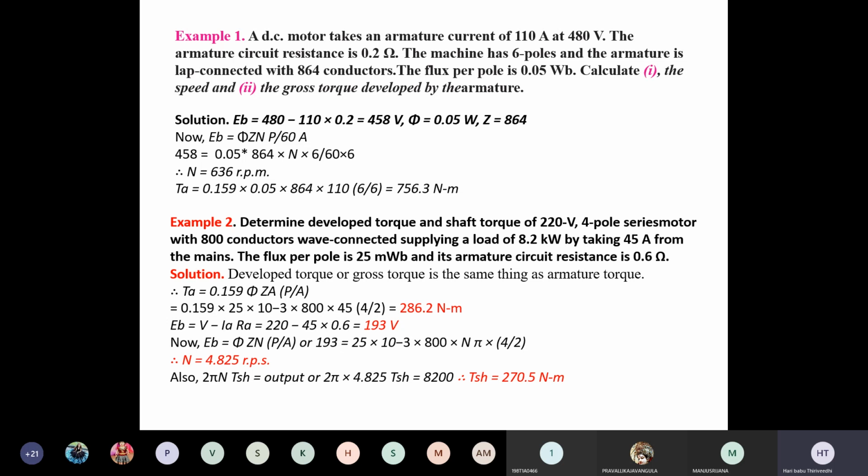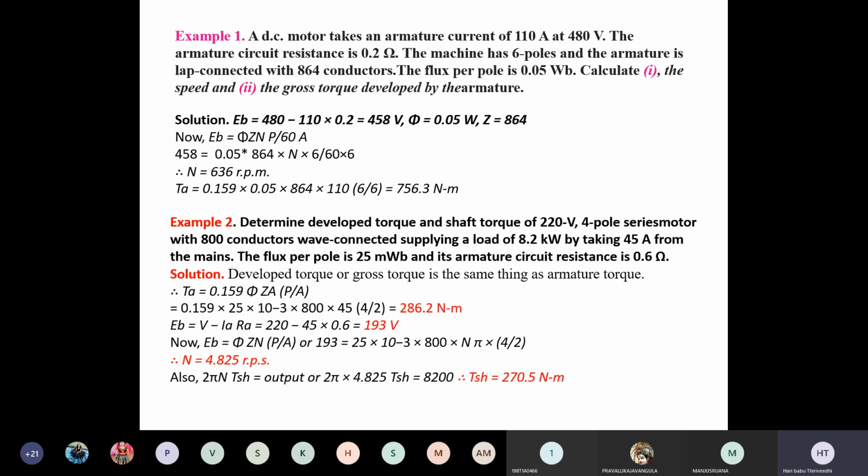Then armature circuit resistance Ra is 0.2 ohms. The machine has 6 poles, P equal to 6. Armature is lap connected. Lap connected means the number of parallel paths is equal to the number of poles, that is A equal to P equal to 6. Conductors, 864 conductors, Z. Flux per pole 0.05 Weber.